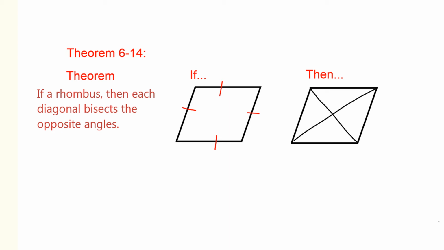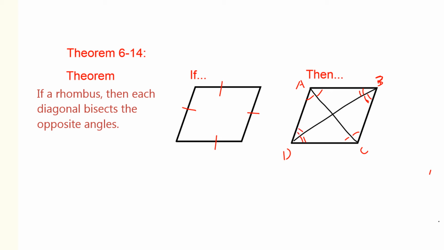And remember that the opposite angles of any parallelogram are already going to be congruent. So if I have, let's say, angle A, B, sorry my pen doesn't want to work on this tablet, C and D, the diagonal is going to cut angle A in half. It's going to cut angle B in half, angle C as well, and then D also.